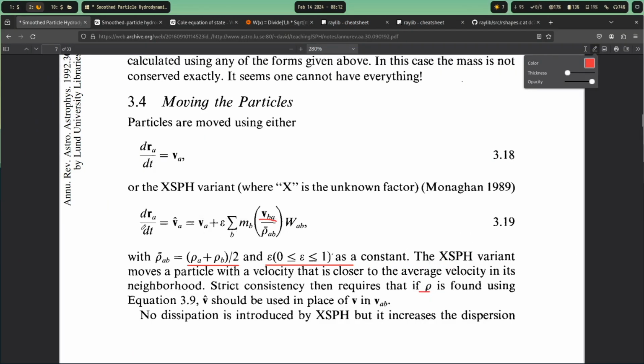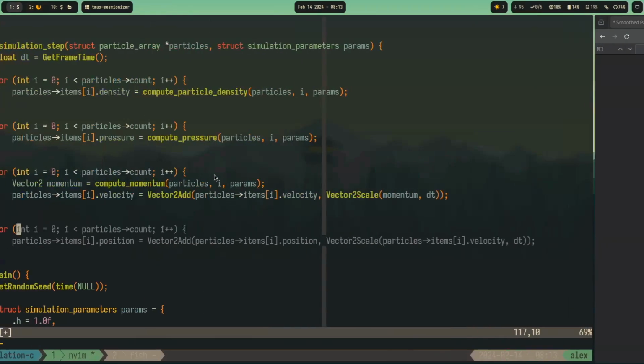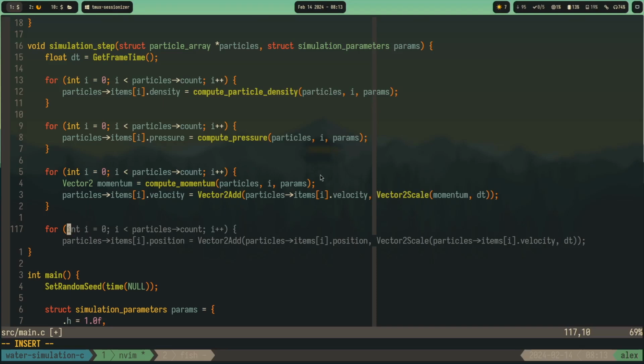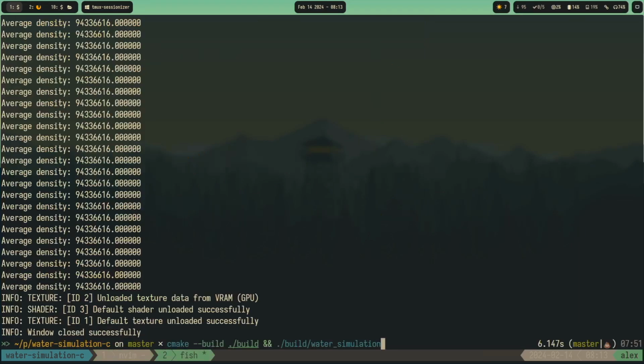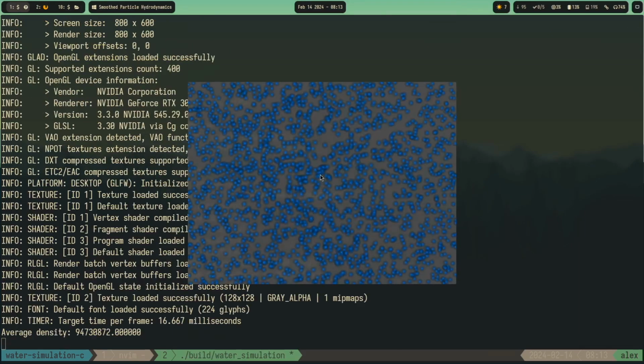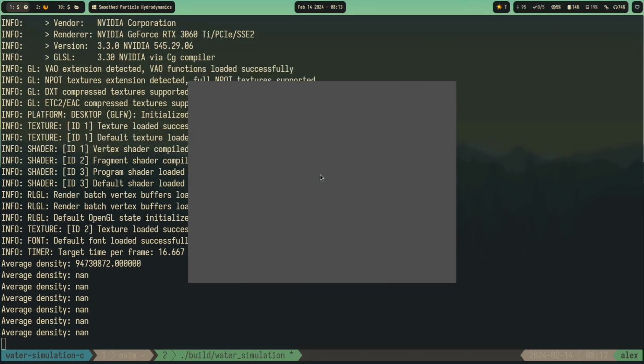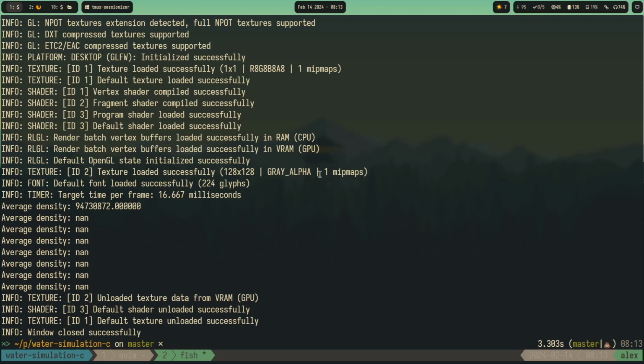And we try to get this thing. But first, let's just do this, and hopefully it doesn't explode. That's the only thing. Yeah, it explodes.